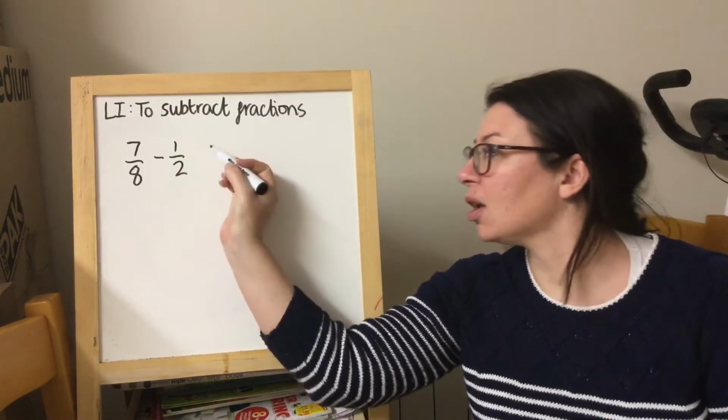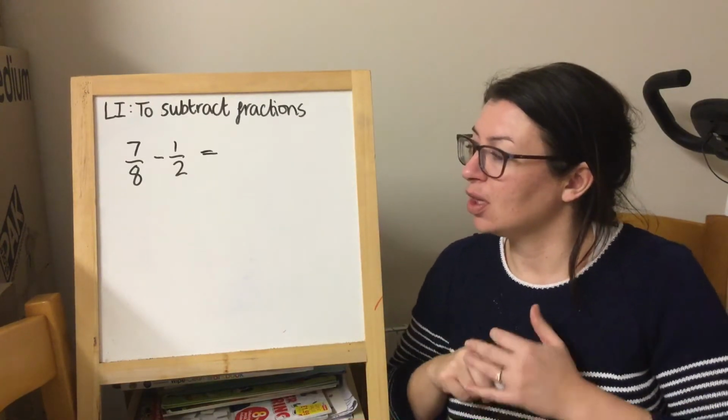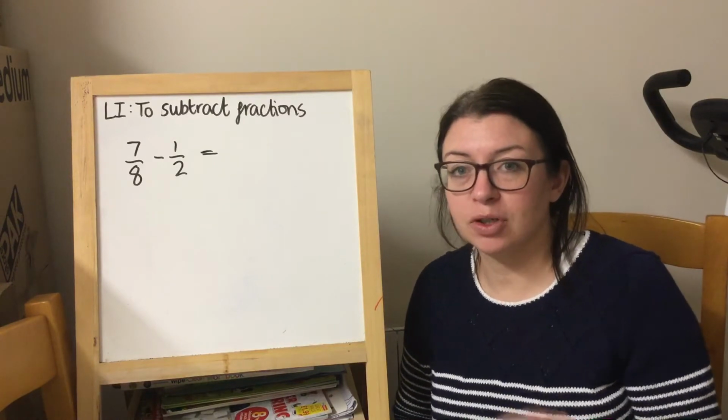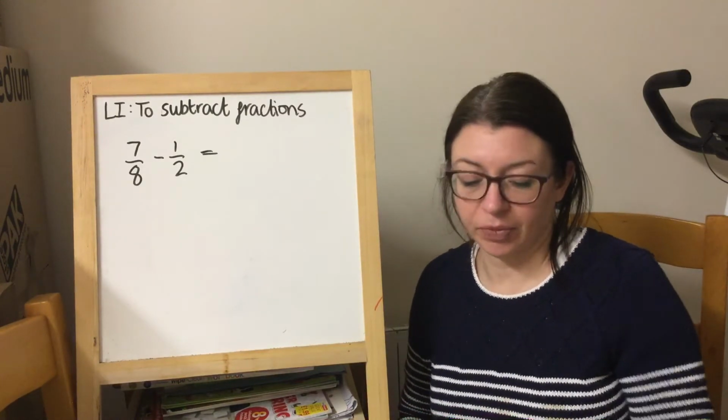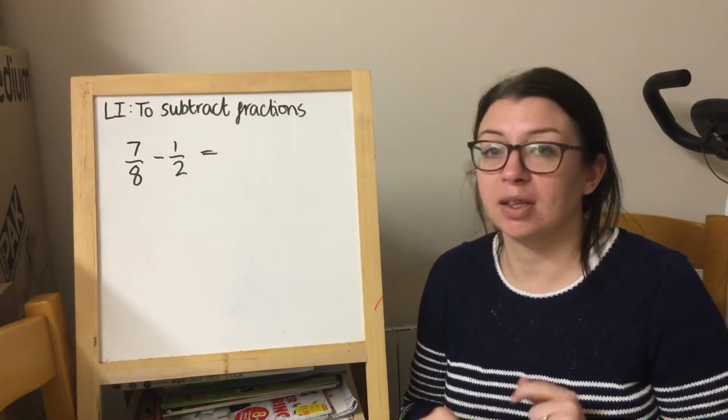So we're going to start with 7/8 take away a half. So when we look at that, we first of all need to remember our denominators need to be the same. So we're going to do exactly what we've done for addition, we're going to make them the same.